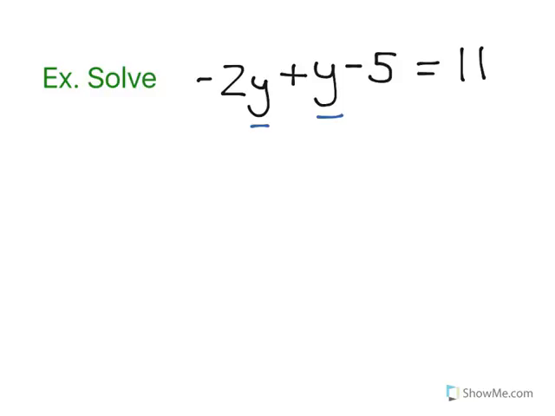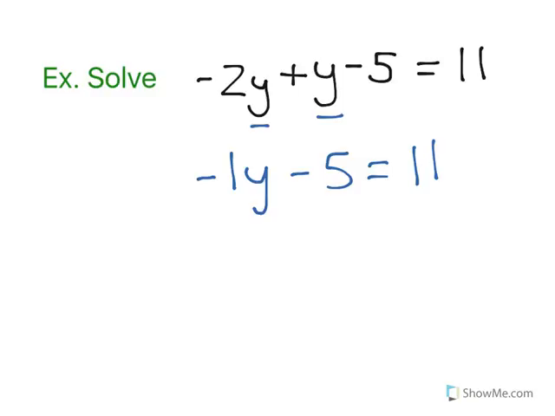So we have negative 2y plus y, so it's going to be negative 1y minus 5 is going to equal 11. Notice, we're thinking negative 2 plus 1 is negative 1. And you don't even need to include that 1, because 1 times any number is just itself. We can even just write this as negative y, but I'll leave the 1 there.